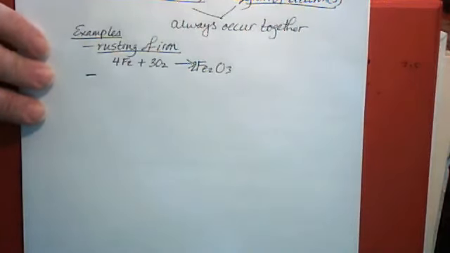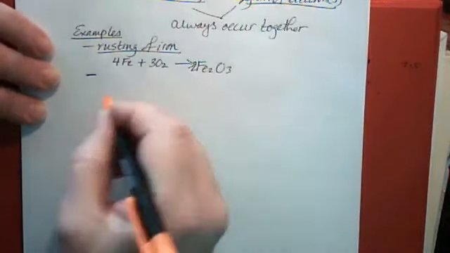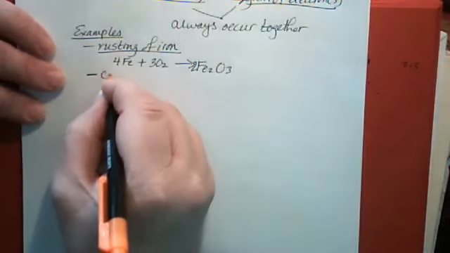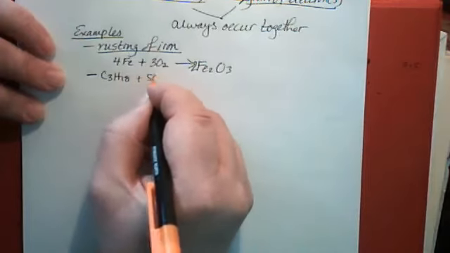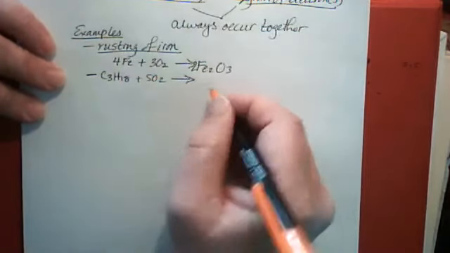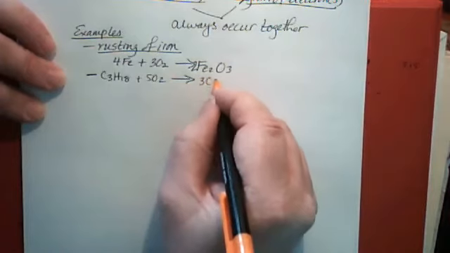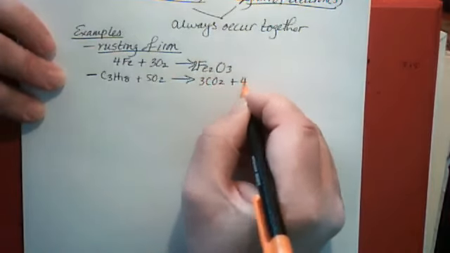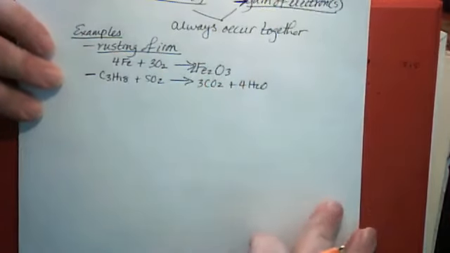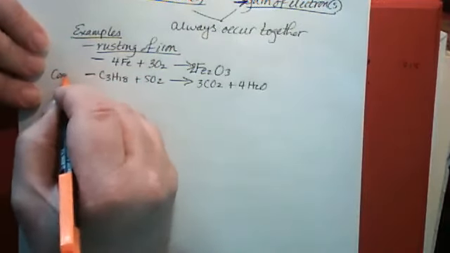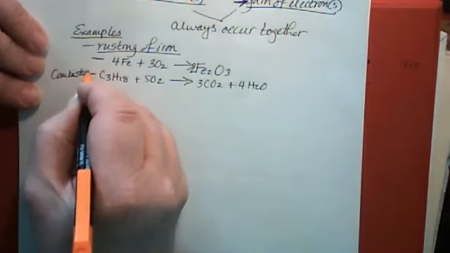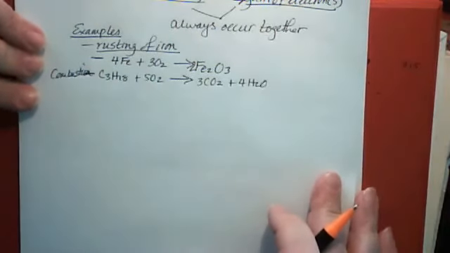Combustion, as I mentioned, burning anything is always an oxidation reduction reaction. So for instance, propane combines with oxygen from the air, and you get carbon dioxide and water as the products. So that's combustion.